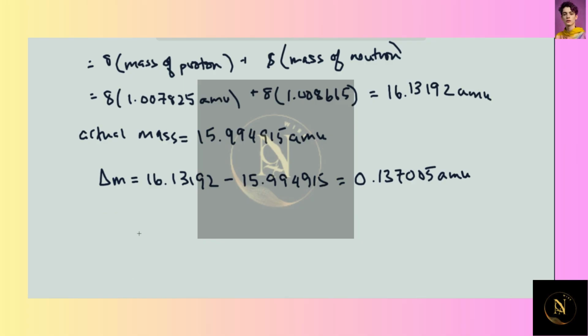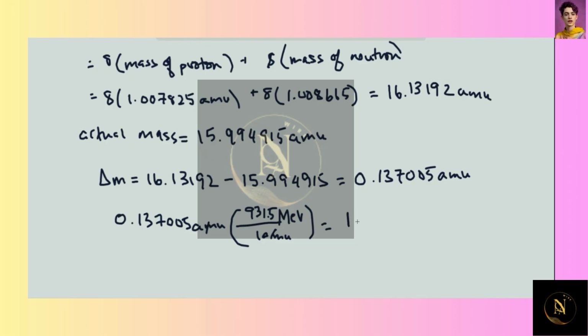To find out this equivalency in energy, using the conversions that we discussed at the beginning, I can change it to mega electron volts by multiplying by 931.5.